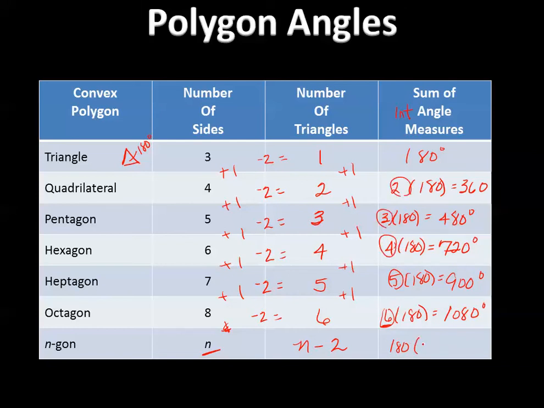I can figure out my number of triangles by saying n minus 2. So if I had a 20-gon, and I wanted to figure out the sum of its interior angles, I would just say 180 times 20 minus 2, which equals 180 times 18. The sum of those angles would be 3,240 degrees.